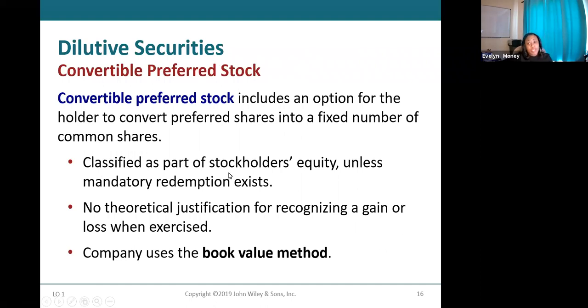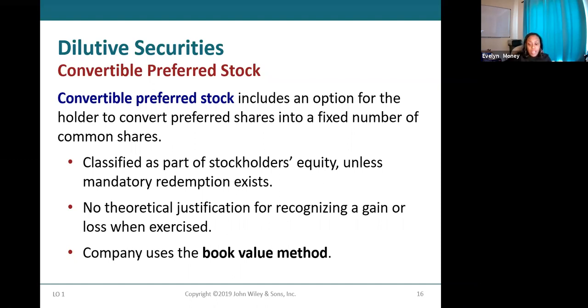Now let's look at convertible preferred stock. For convertible preferred stock, the option is there to convert that preferred stock into common stock. And this is usually included in equity unless there is a mandatory redemption. With a mandatory redemption, the stockholder can force the corporation to cash in on the preferred stock or pay them back.